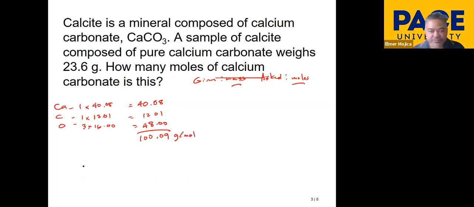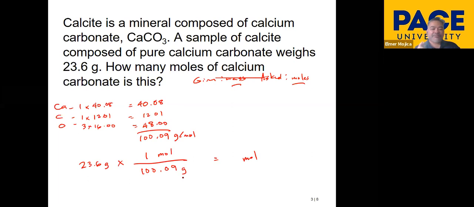So all you need to do is put here 23.6 grams. How are you going to go to the moles? We could just say for every 1 mole, you have 100.09 grams.